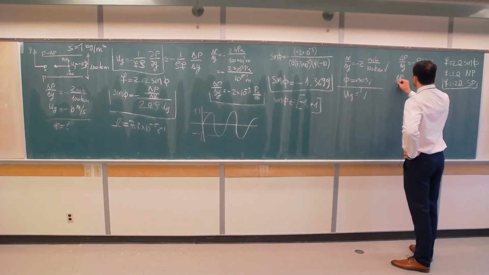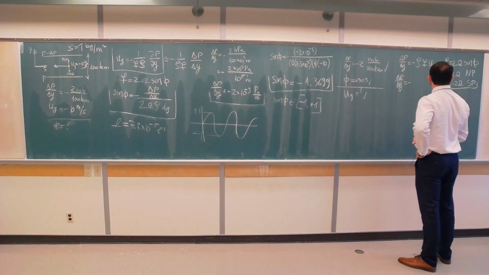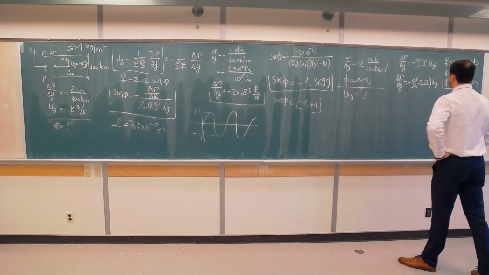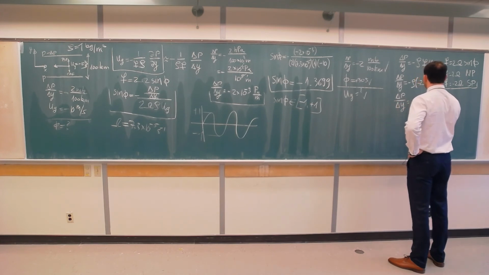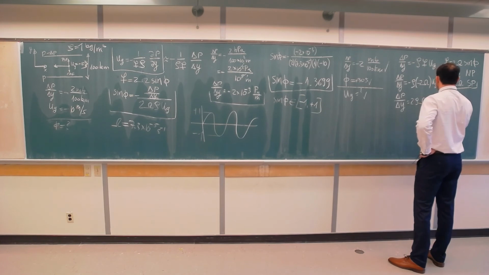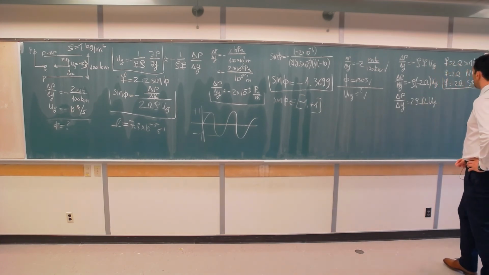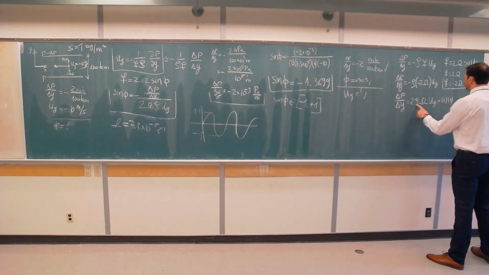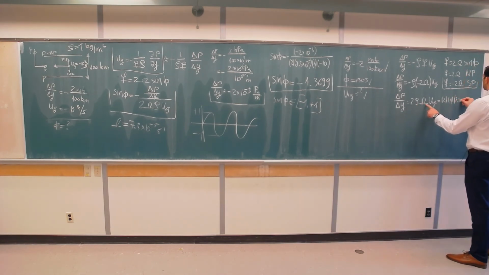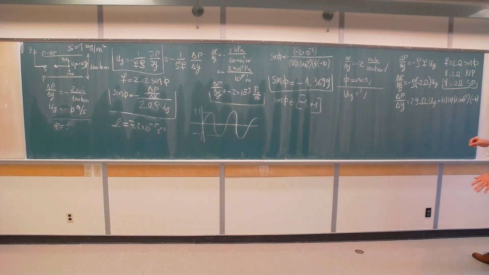So delta P, delta Y is equal to minus rho times minus 2 omega times UG, or delta P over delta Y is equal to 2 rho omega of the Earth UG, or this is equal to 2 times rho is 1, omega 7.3 times 10 to the power negative 5, and times UG is minus 10. So the result again will be negative, which is correct.